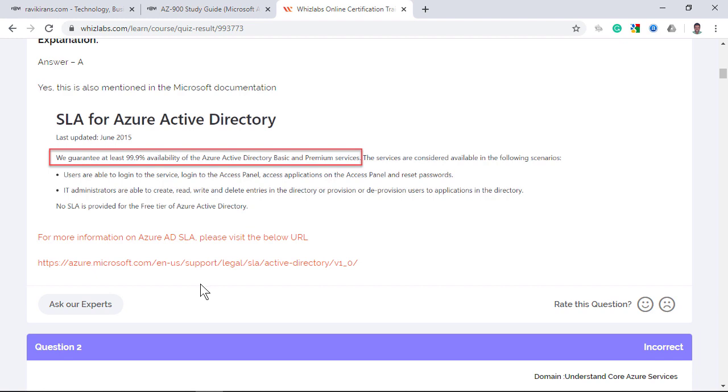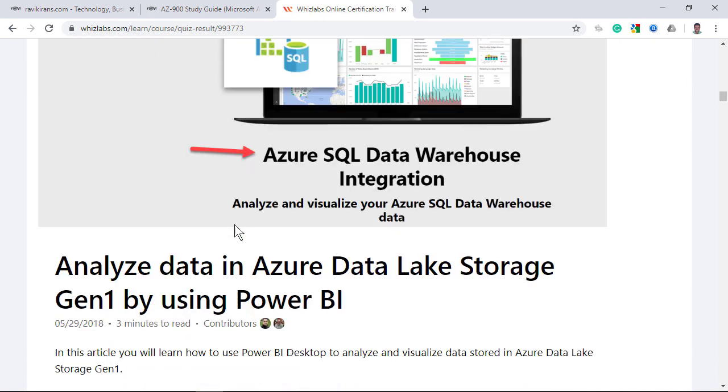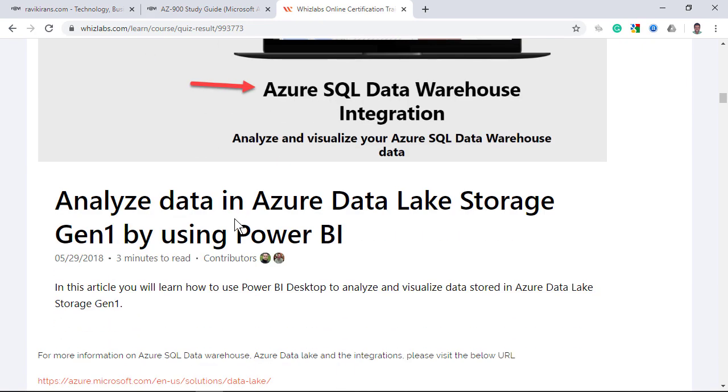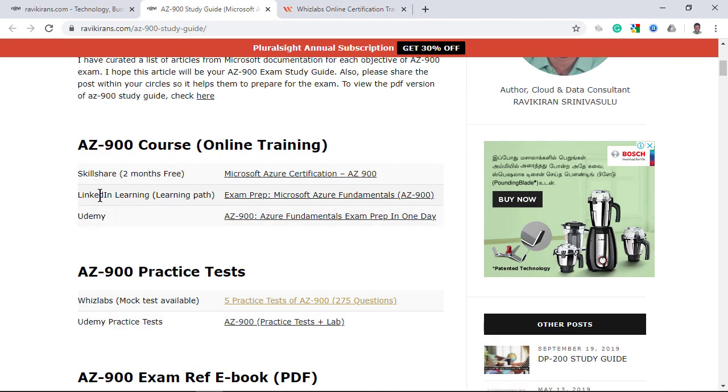You get this for each and every question, which is really useful in preparing for the exam. So even if you're not able to complete any of the video courses, for example this LinkedIn path or this Udemy course, make sure to go through these practice tests, as they have proven to be of a lot of value to a lot of people.